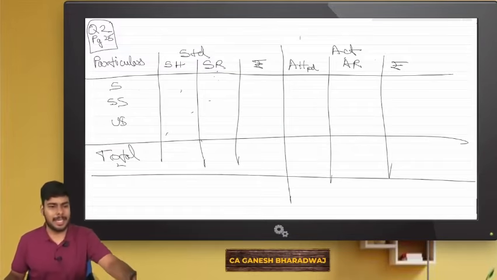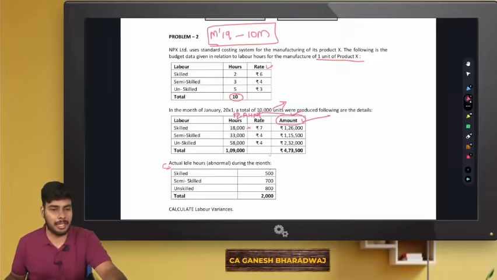Now, standard hours. How do you find out? Actual units is 10,000. So, skilled per unit you are allowed to use 2 hours, which means 2 into 10,000 is going to be 20,000, then 30,000 and 50,000. Correct?